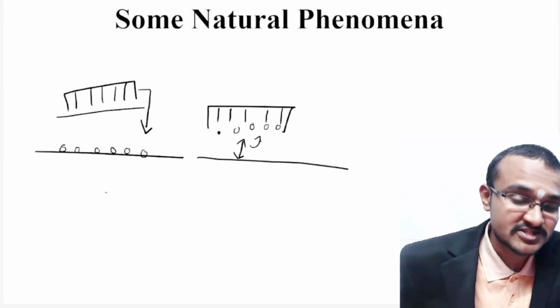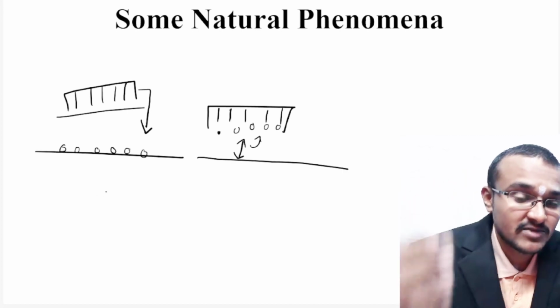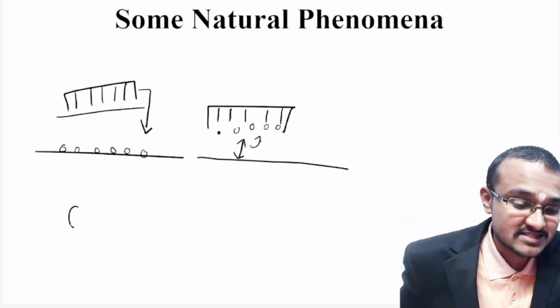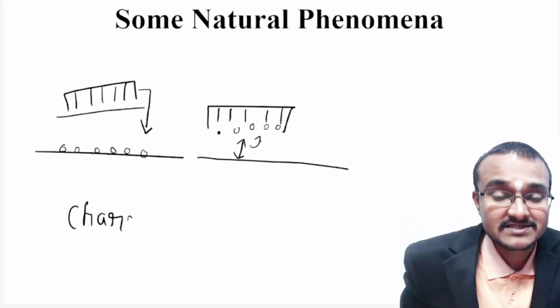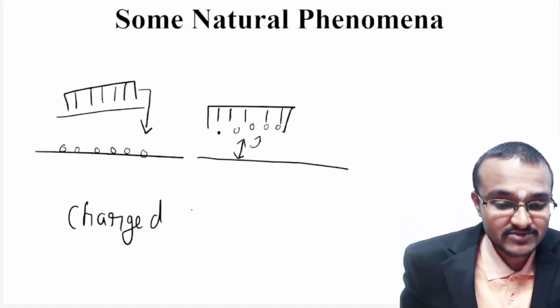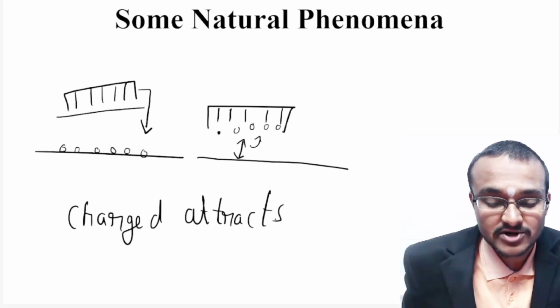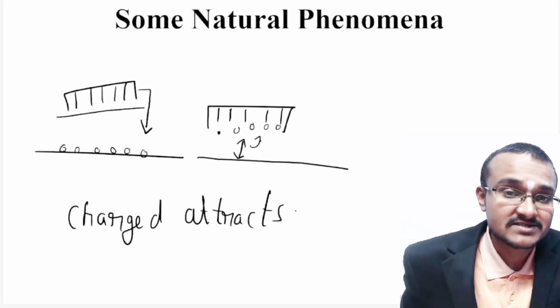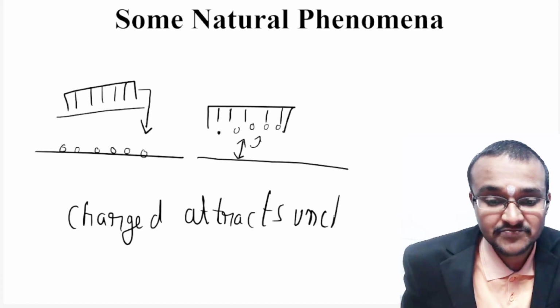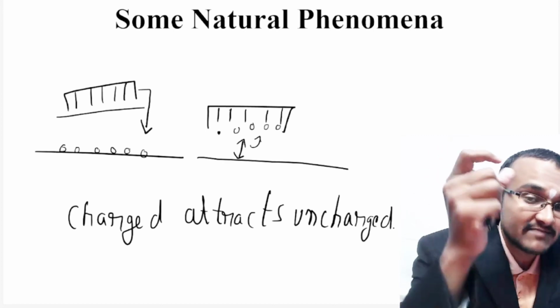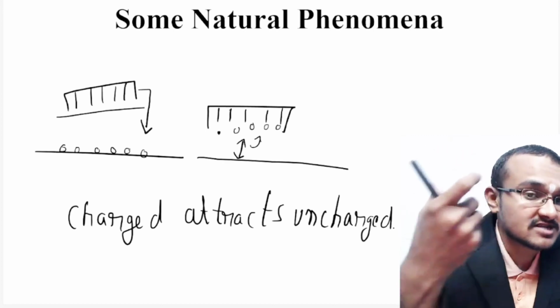The comb which you rub on your scalp will get some amount of charge on it. So a charged body attracts an uncharged body. Here I am writing: charged body attracts uncharged body. The paper piece is uncharged, and the comb which you have used for combing your hair has become charged.